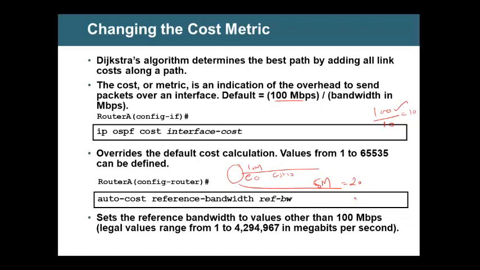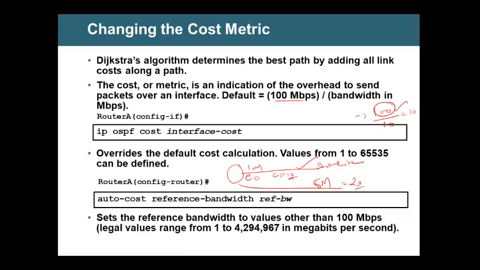You see, we use that 100 as a reference bandwidth, and now we come up with the cost. This has the lower cost, so this is the elected best route. Without this reference bandwidth, we would not have derived this.